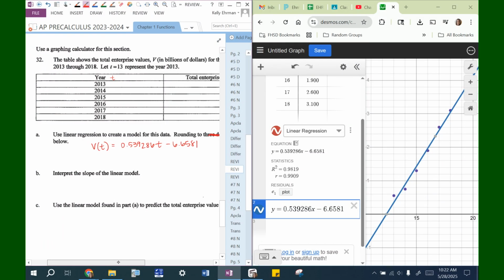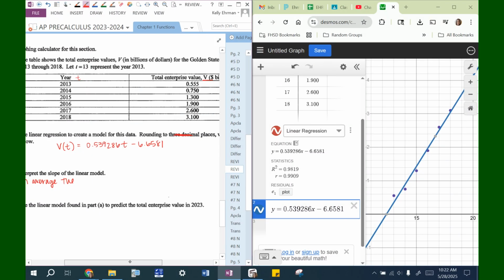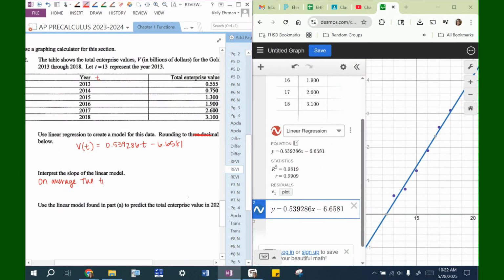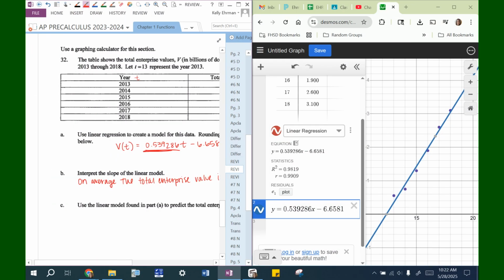And then this says, interpret the slope of the linear model. So remember, this is kind of a script. You need to write the word or the phrase on average. The y is increasing by something per x. So what is this? The total enterprise value, slope is positive, so increasing by, I'm going to write down this number, 0.539286.